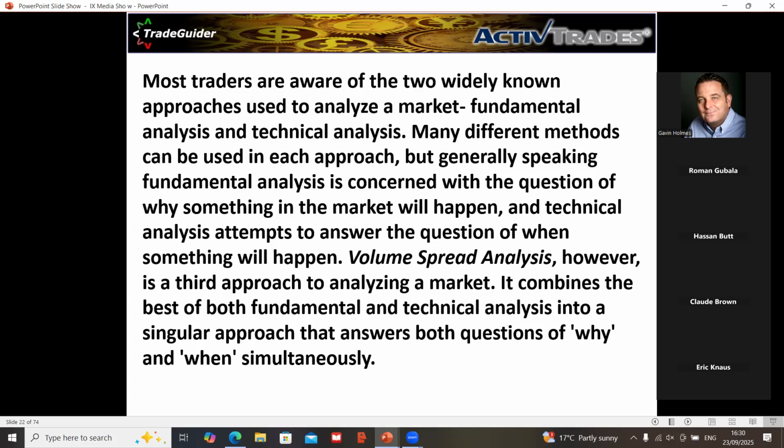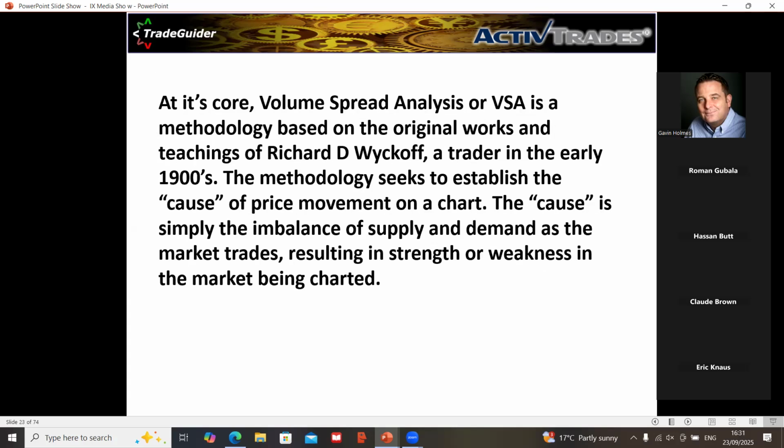However, volume spread analysis, he says, that's Tom, is a third approach to analyzing a market. It combines the best of both the fundamental and technical analysis into a singular approach that answers both questions of why and when simultaneously.